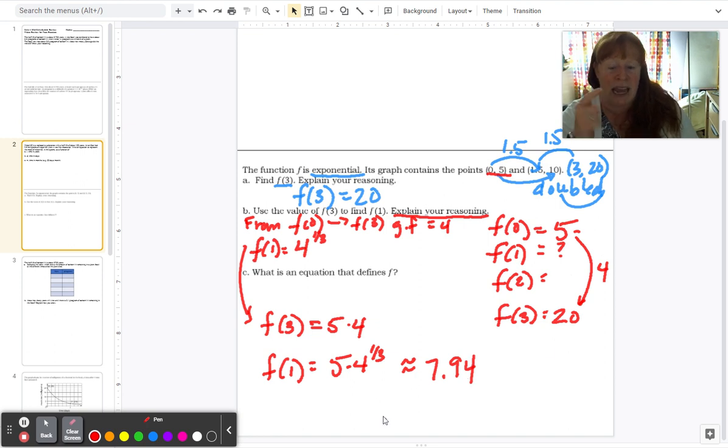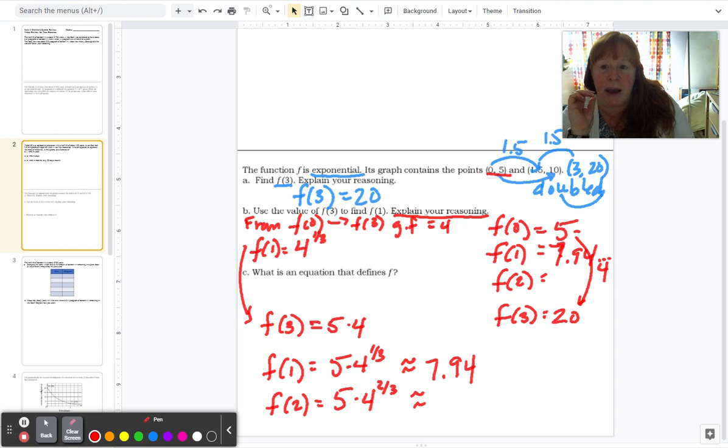So if I did it again, right? If I found f of 2, just to show you the process here, this would be 5 times 4 to the 2/3. That would give me this here. So what would this equal?